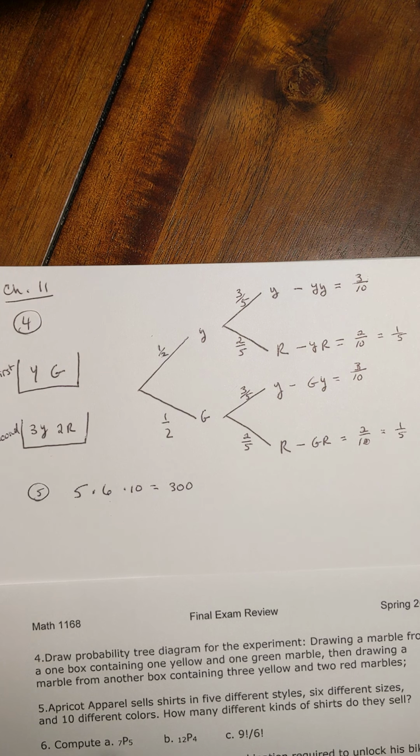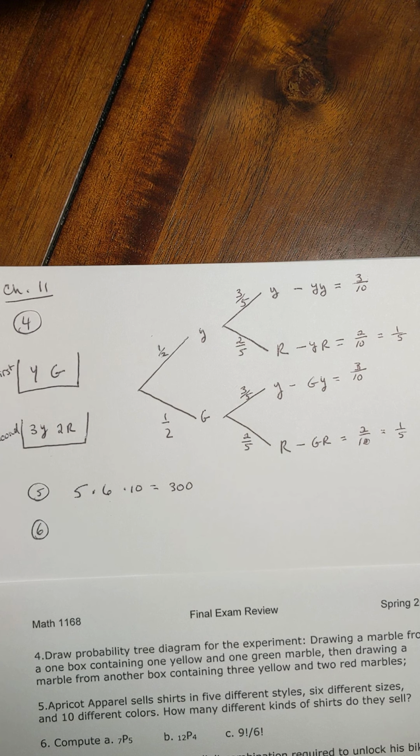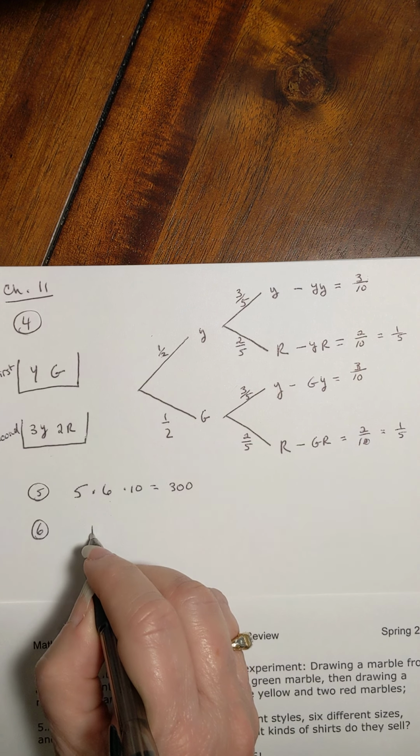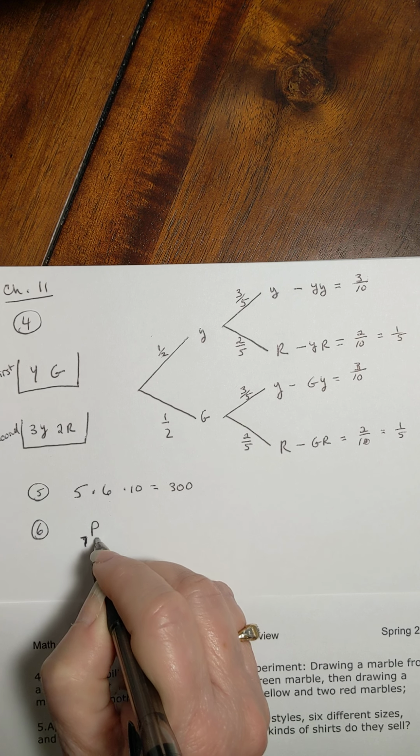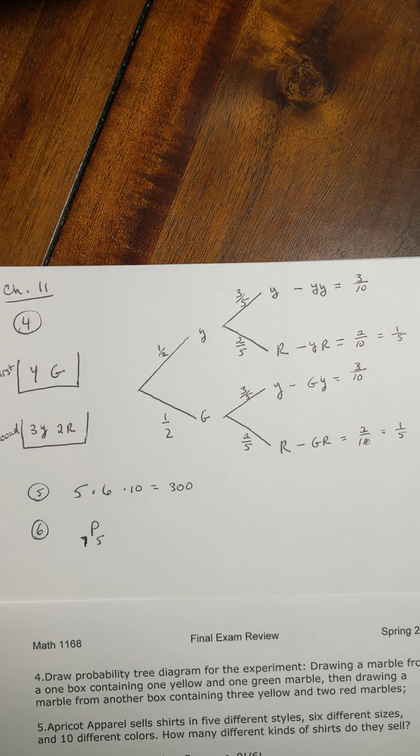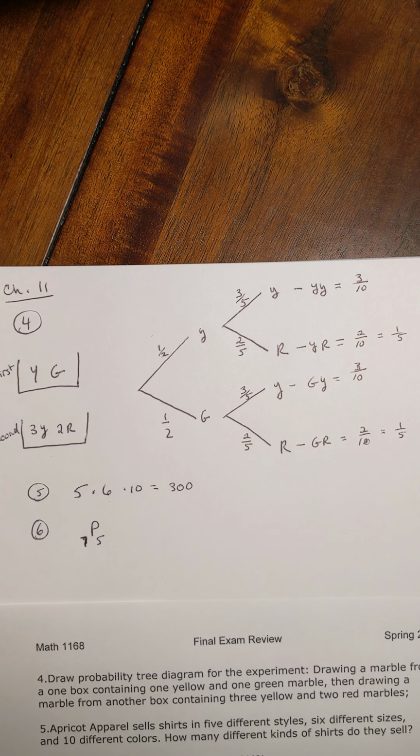Okay? Problem number 6 says, permutations of 7 choose 5. Now on here, I will ask for you to show me what you're doing. I do want the answer, but I also want to see what you're doing.